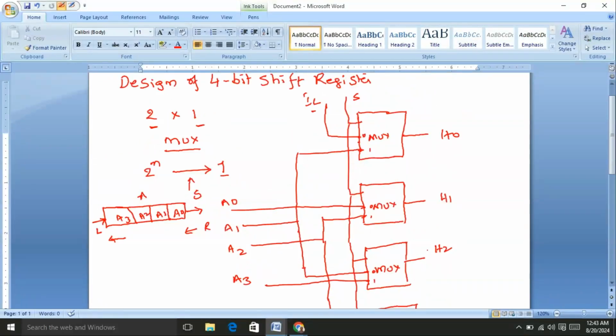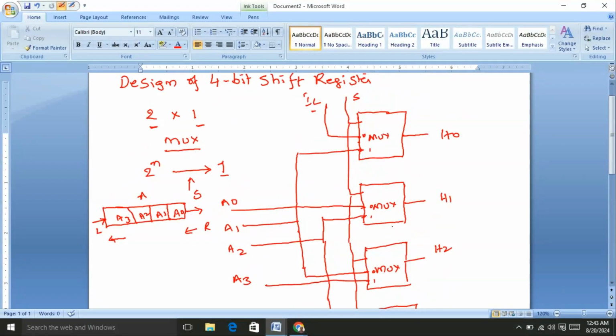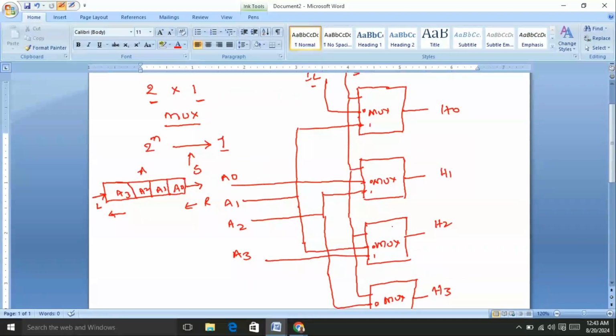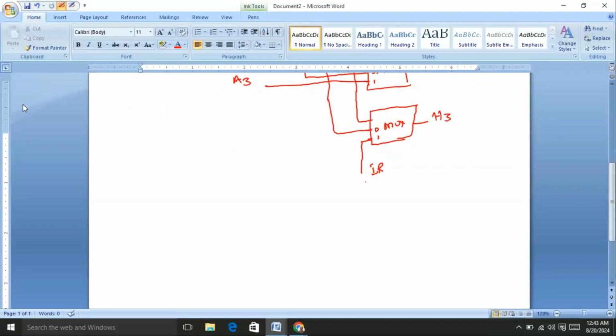Now I am going to explain the function table. The function of the 4-bit shift register depends upon the selection line. Now I am going to draw it here. Suppose the selection value S equals 0. The shift register performs the left shift operation.